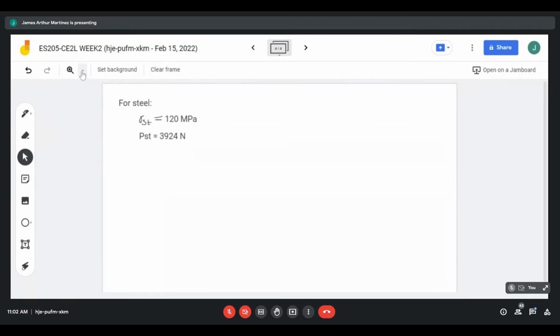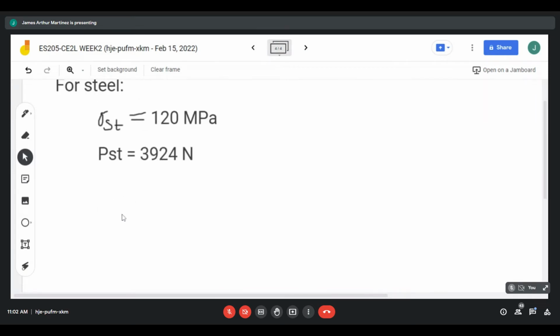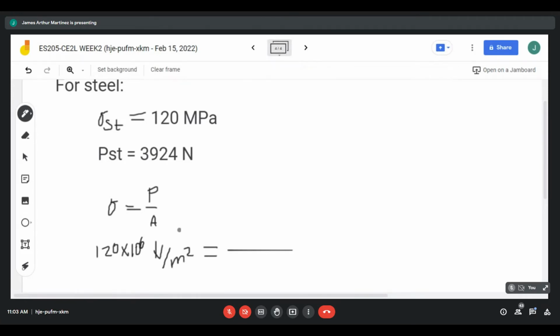So let's compute the area required for steel. Stress is equal to P over A. 120 times 10 to the power of 6 Pascal or Newton per meter squared is equal to 3,924 Newton divided by the cross-sectional area for steel.